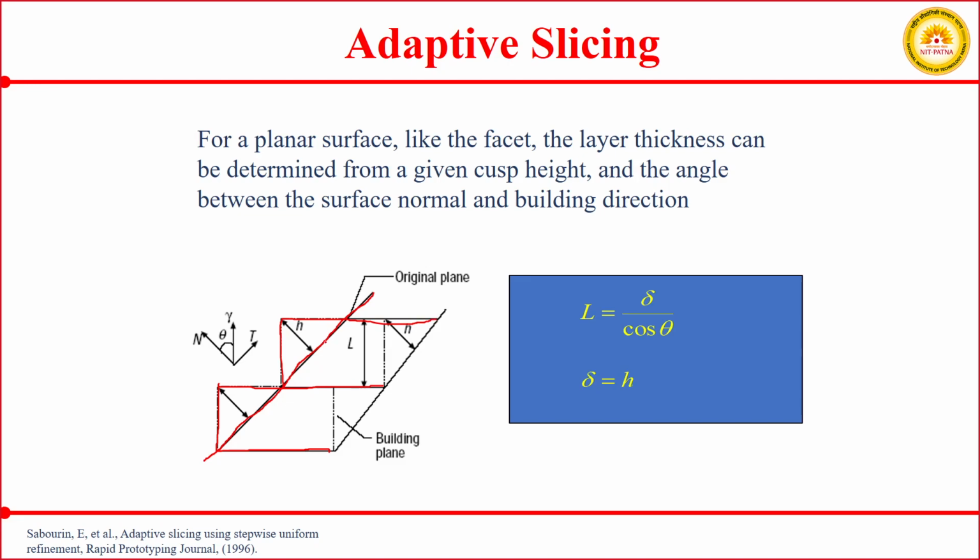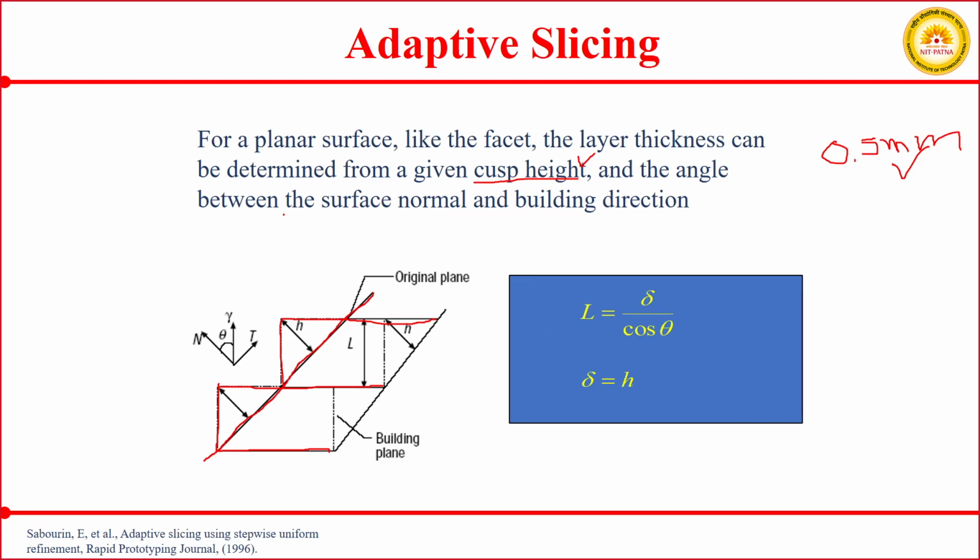Here we are trying to identify the cusp height, because it will be given as a certain value. Suppose it should not go beyond 0.5 mm or some value; it should not exceed it.